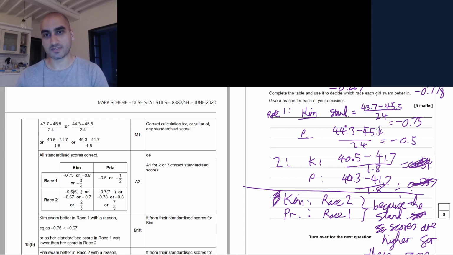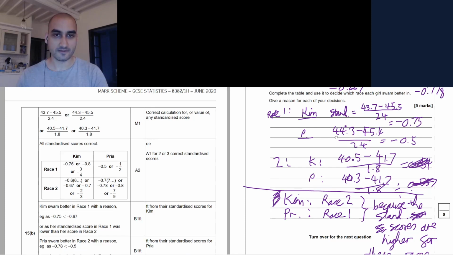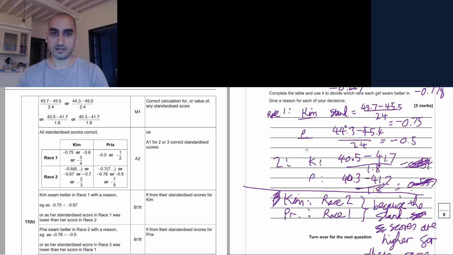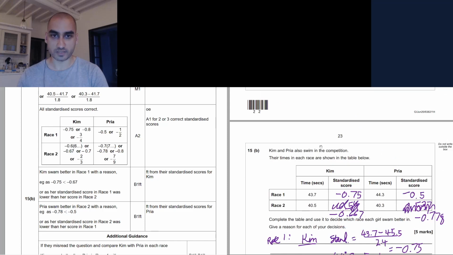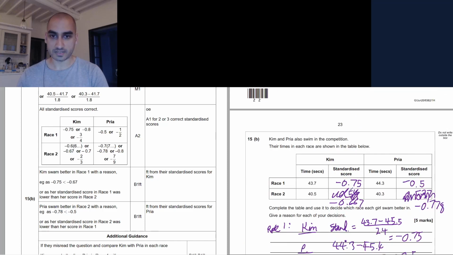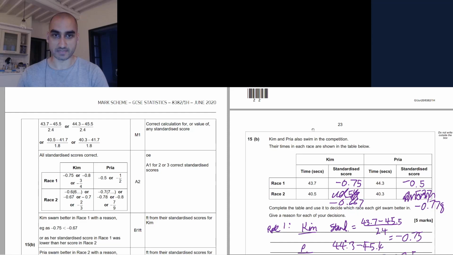And I didn't calculate it using that anyway, but I think... Oh, but they say or, so you get the mark. It actually says any standardized score. So if you got any of these right, you get that mark, flat mark. Okay, I got all the standardized scores right. Let's see, minus 0.75, minus 0.5, minus 0.67, minus 0.7. Yes, okay, I got these 2 marks. Even though I made a mistake in the calculation, it doesn't matter.